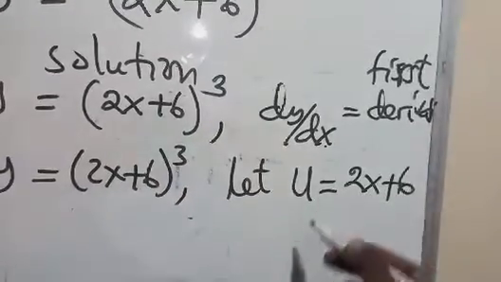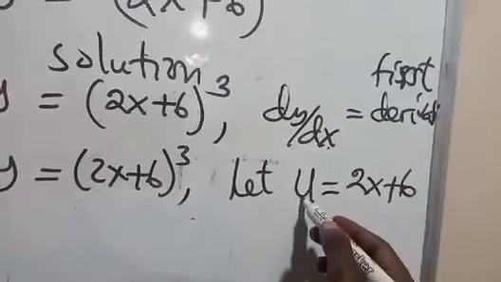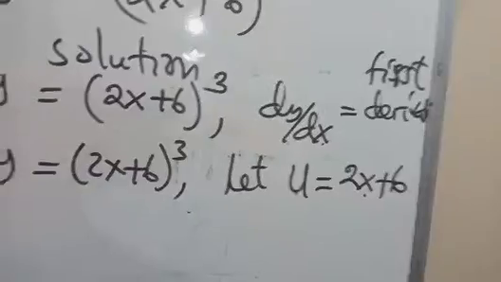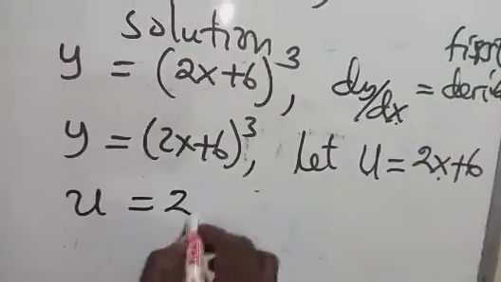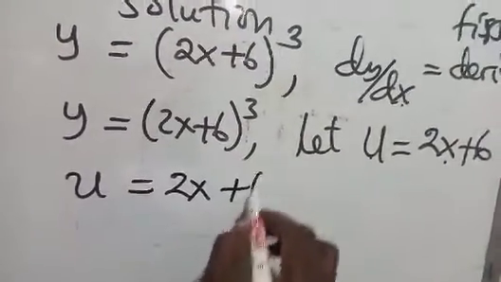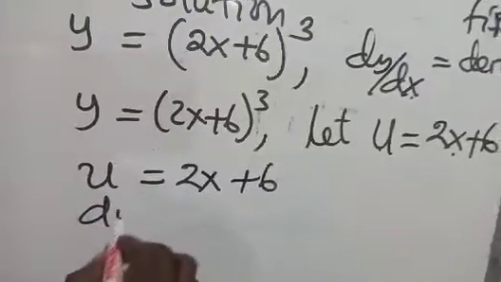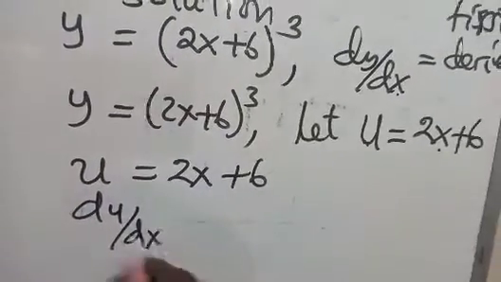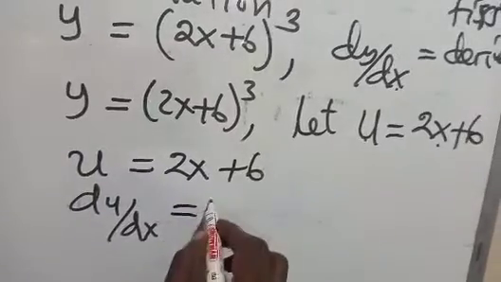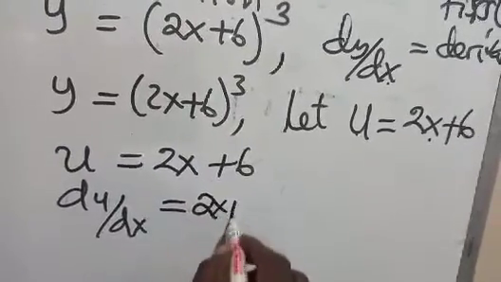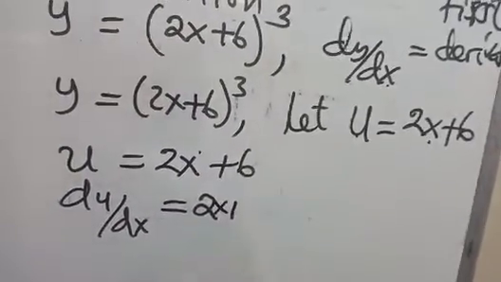We find the derivative of u with respect to x. So if u is equal to 2x + 6, then du/dx, the derivative of u with respect to x, will be equal to 2 times 1, which is the exponent of x.